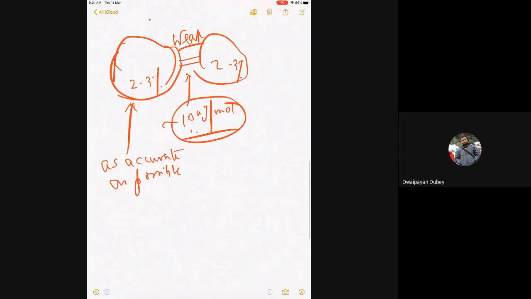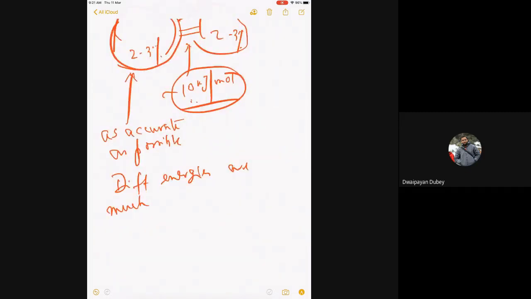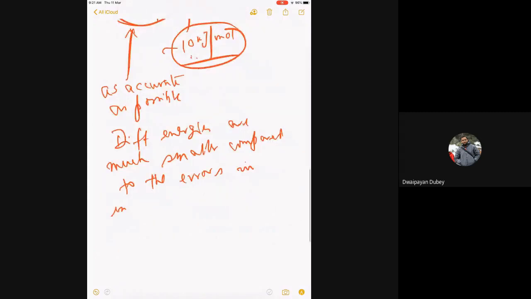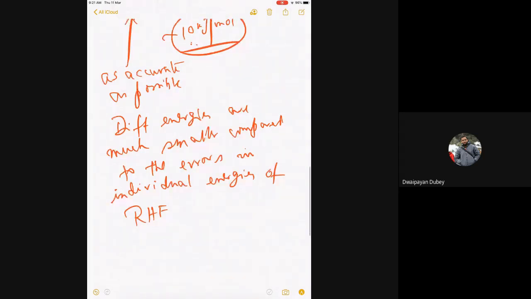So the difference energies are much smaller compared to the error in individual energies of the RHF. So 2 to 3% is too large because this is much smaller. Is it clear?